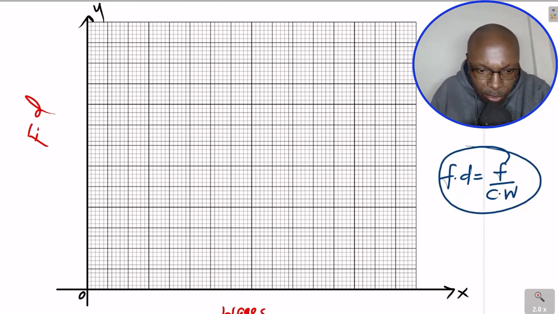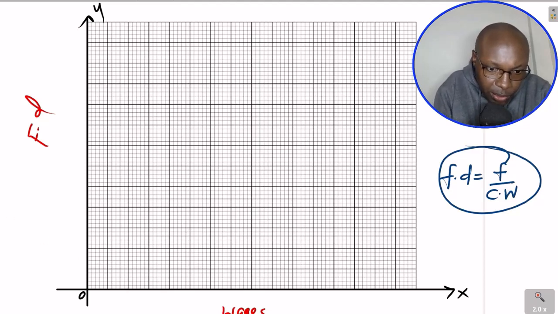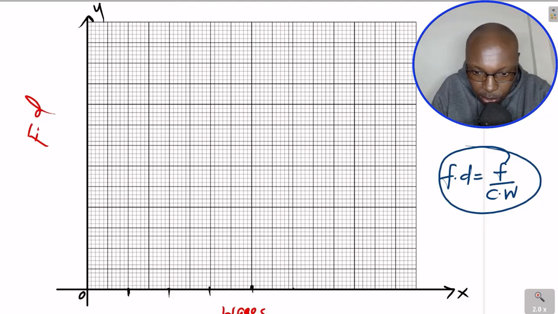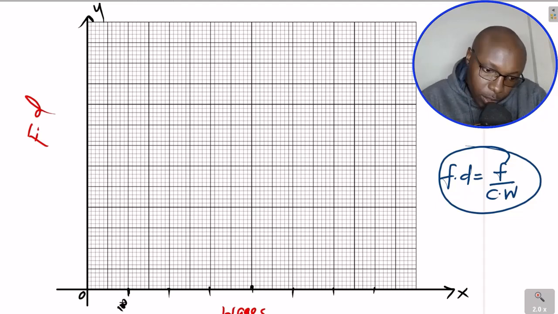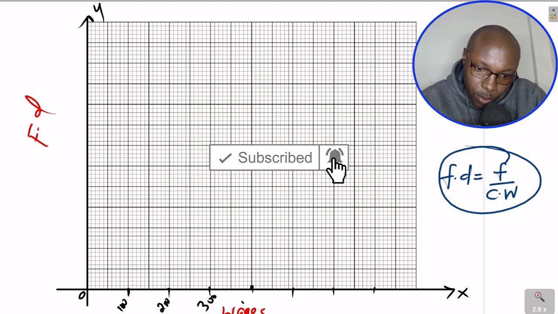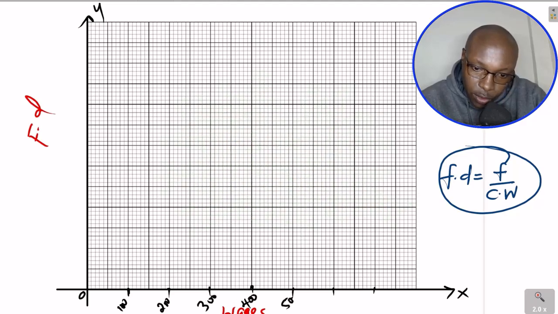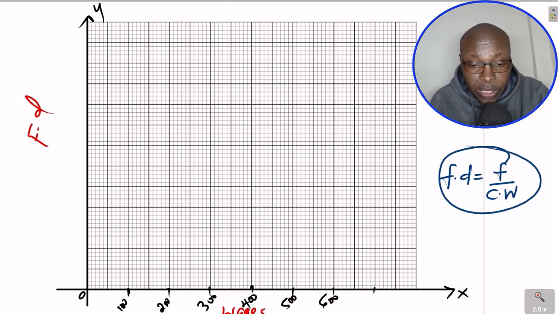So 100, you can use 2 centimeters to represent 100. This is 100, then 200, then 300, we have 400, 500 and 600. So 2 centimeters to represent 100 shillings.